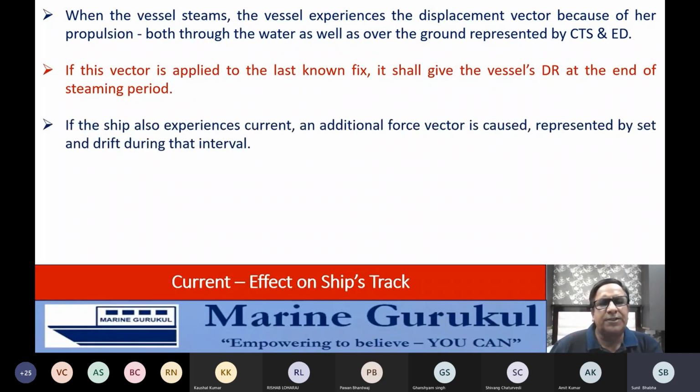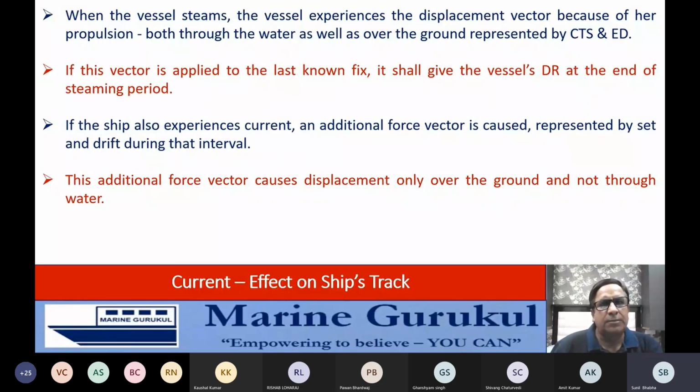If the ship also experiences current, an additional force vector is caused, represented by set and drift during the interval. This additional force vector, because of the current, causes displacement only with respect to ground, or over the ground, and not through water, because the water and ship float together or drift together because of the current, and so there is no displacement of the ship in relation to water caused by the current.